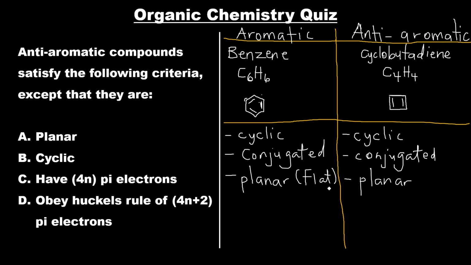We don't want any 3D shape. And that means that if the molecule is planar or flat, the carbon atoms that make up the benzene molecule or the cyclobutadiene molecule should have only sp2 hybridization. We don't want any sp3 hybridization. So no sp3.